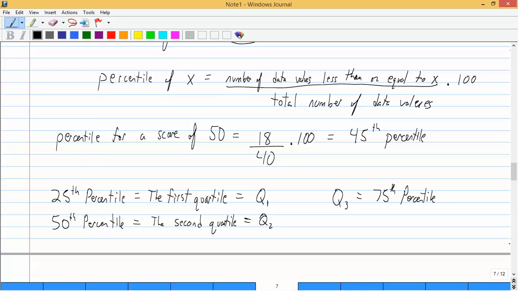Third quartile, that would be the 75th percentile, so 75% is equal to or less than the third quartile, and 25% is greater than or equal to the third quartile.